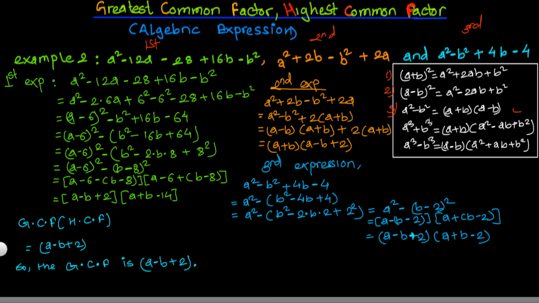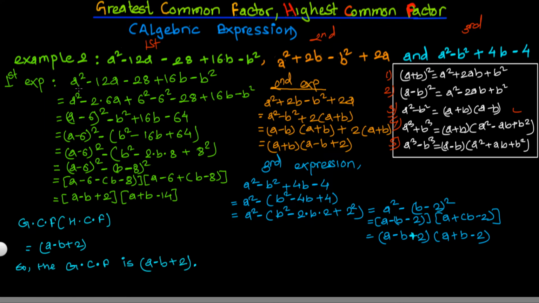Similarly, a cube minus b cube will be a minus b times a square plus ab plus b square, and a cube plus b cube is a plus b times a square minus ab plus b square. So these are the few formulas we should know in order to get our things done faster in terms of GCF and LCM. Let us see the second example, which I already introduced to you earlier.